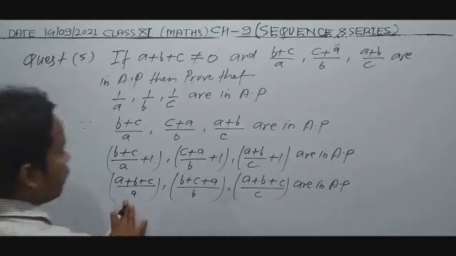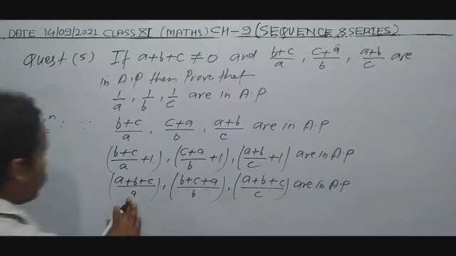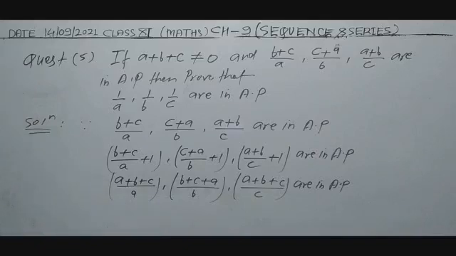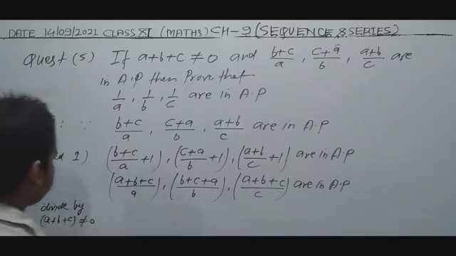Now divide by a plus b plus c. This will also be in AP, and we can divide since a plus b plus c is not equal to 0.